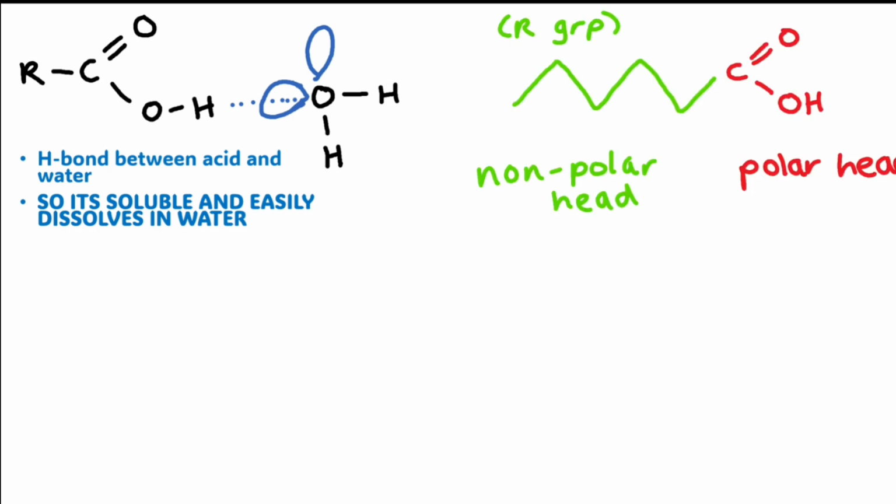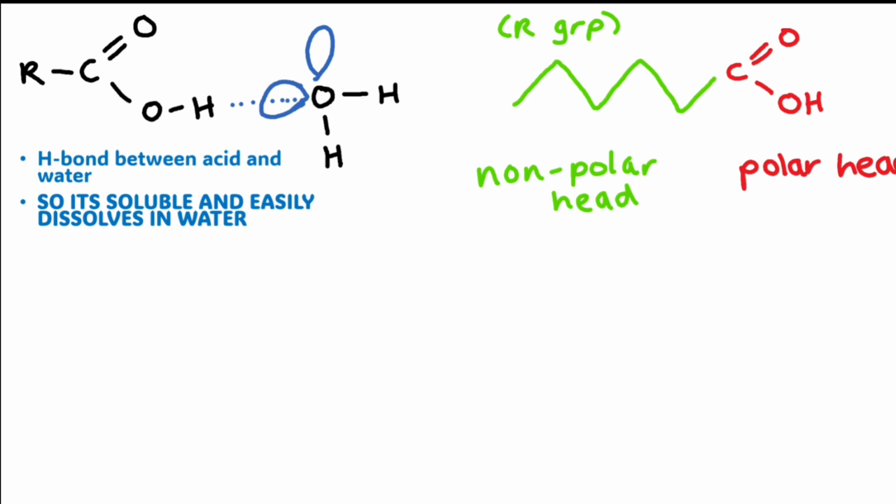Here I drew an example. There's a carboxylic acid group at the end, and it's attached to a long carbon chain. That long carbon chain is a non-polar head. It is non-polar because it only has carbon and hydrogen bonds in it.